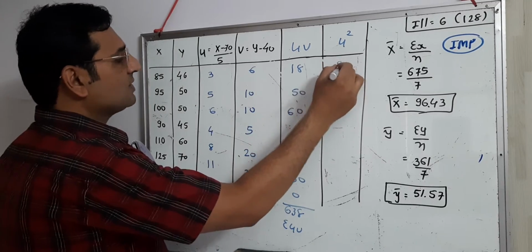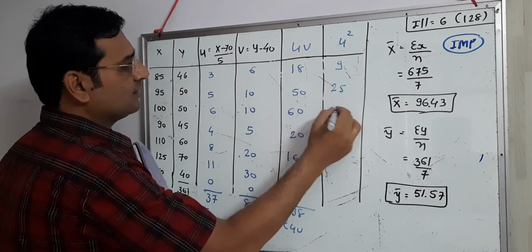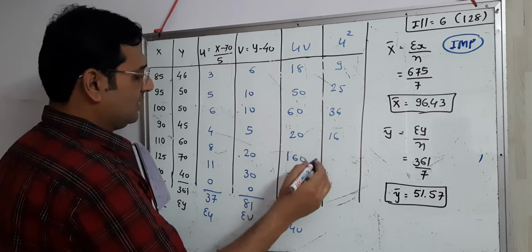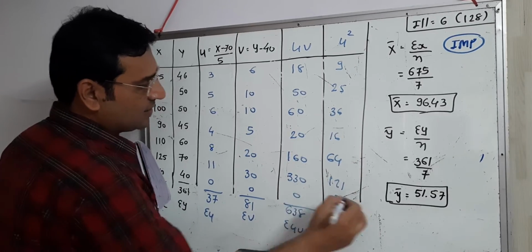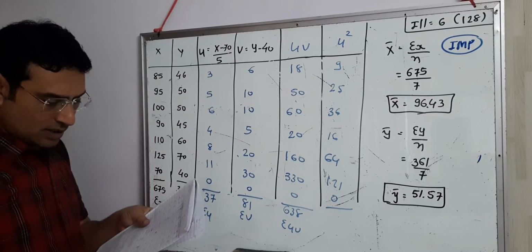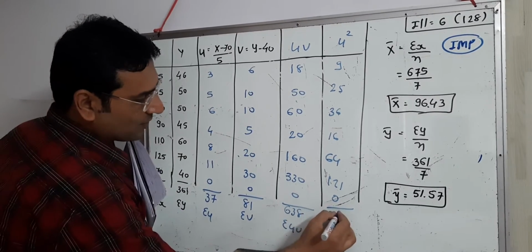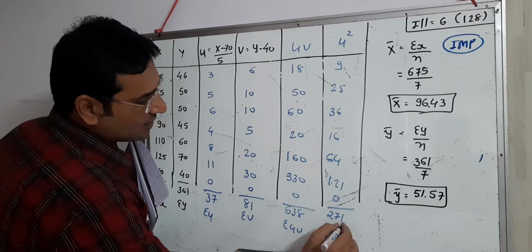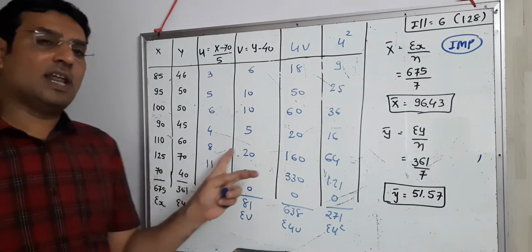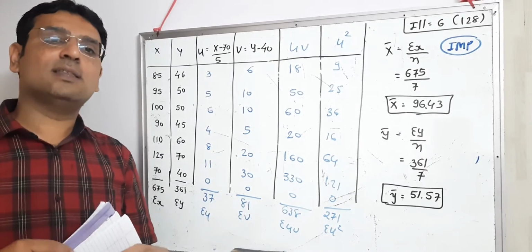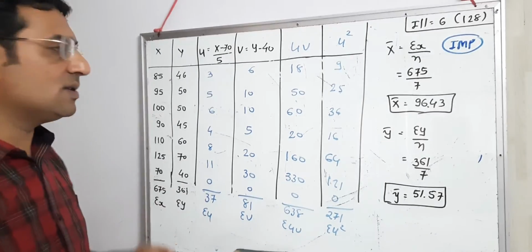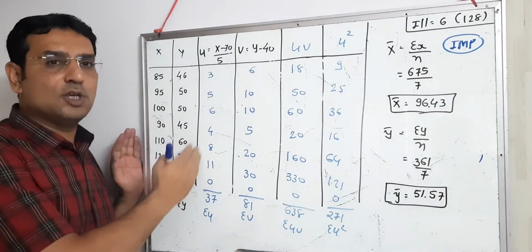And U square is 9, 25, 36, 16, 64, 121 and 0. So this total is 271. This is called sigma U square. So the table is exactly like illustration number 5. Even if you compare with illustration 4, it is similar to 4. X, Y is given, then U and V.